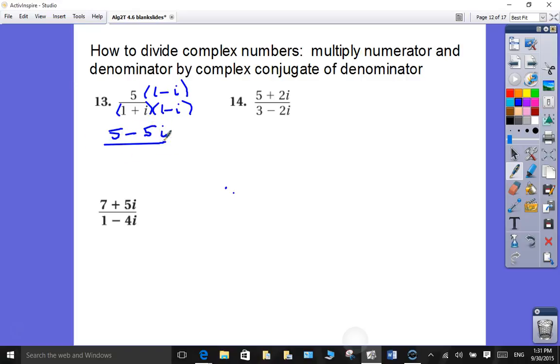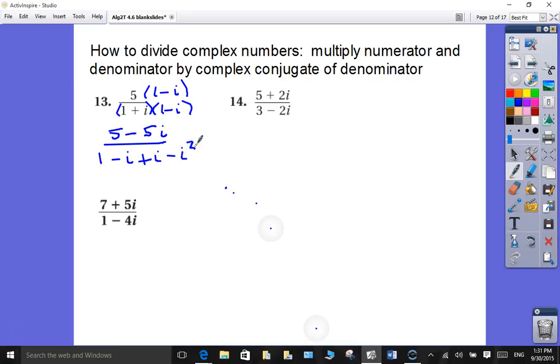In the denominator, I'm going to FOIL this out, at least this time, just to show you. But then in the end, we don't need to FOIL this every time. Okay, if I'm FOILing, 1 times 1 is 1. 1 times negative I is minus I. 1 times positive I is plus I. And I times negative I is minus I squared.